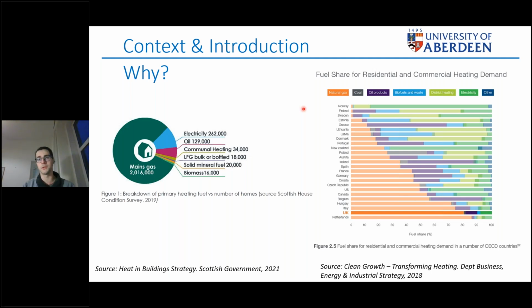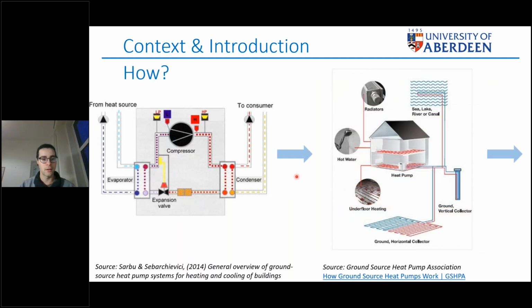I like to include it just because it demonstrates that using district heating and ground source heat pumps and other types of heating is a viable way of heating a nation by going through a decentralized route rather than a centralized gas mains approach. It just demonstrates that it actually can work. It's not entirely pie in the sky.